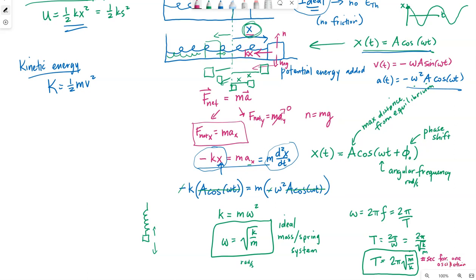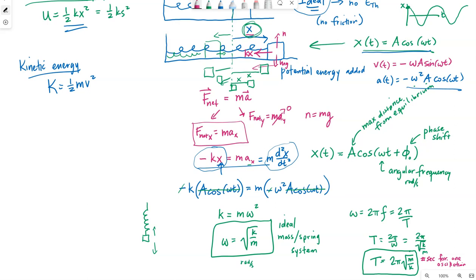So the amount of time to oscillate is directly related to the mass and inversely related to the spring constant. This is unique to the mass spring system, and it's unique in this assumption that we have an ideal mass spring system.